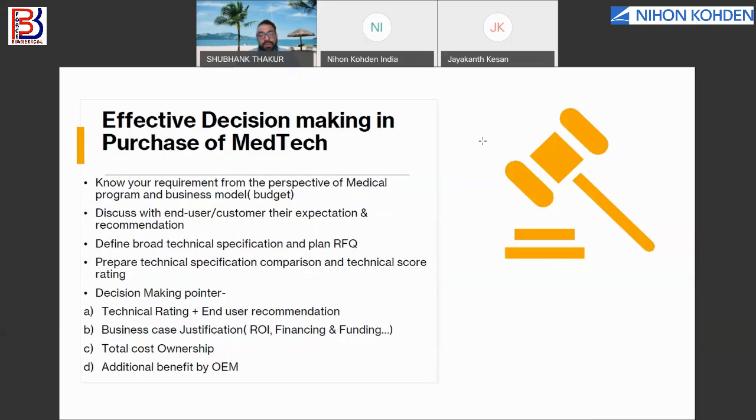For example, the return on investment, what the different financing rates are at which you're going to acquire the technology, how you are going to get funding. Nowadays, many large manufacturers like Philips, Siemens, and I would say Elekta, they all have a little bit of funding capability.